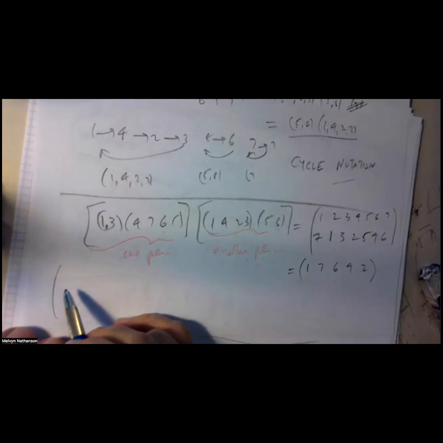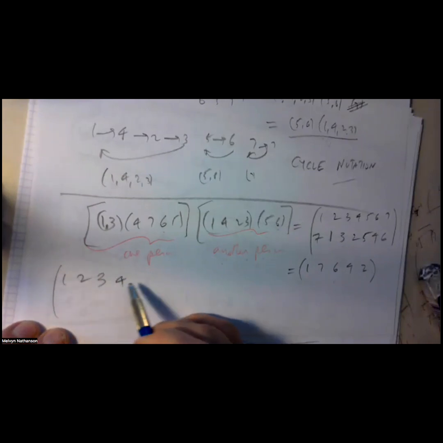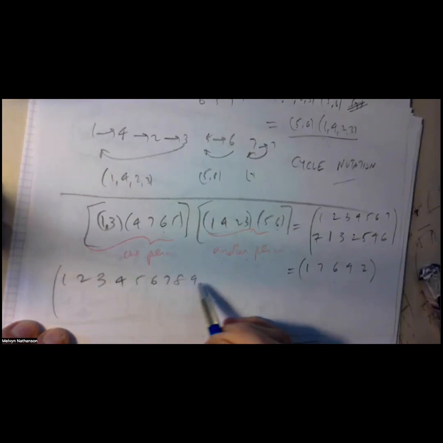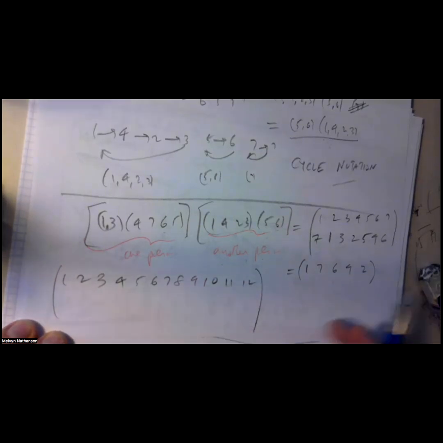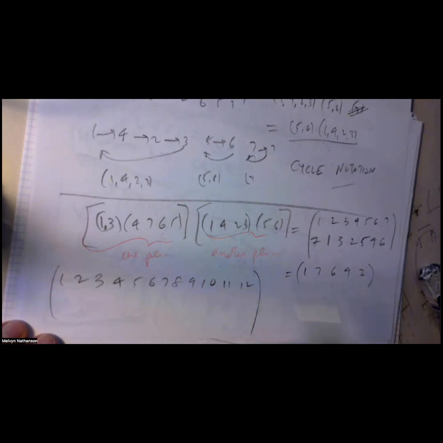Here's a typical kind of problem that you should know. Suppose you have a permutation, say 1, 2, 3, 4, 5, 6, 7, 8, 9, 10, 11, 12. So I'm going to write down a permutation of 1 through 12. I'll just make up numbers: 7, 6, 12, 3, 1, 11, 8, 2.